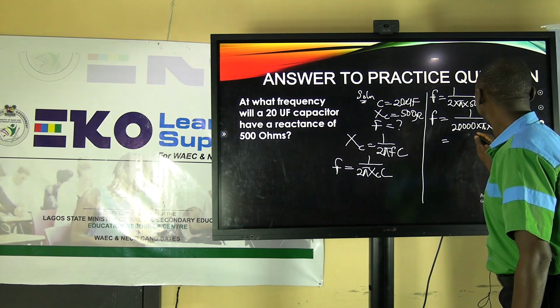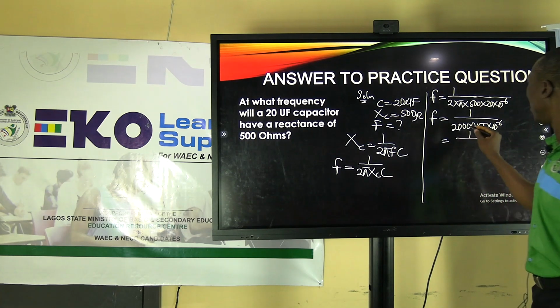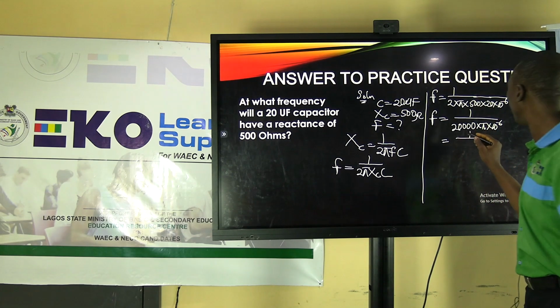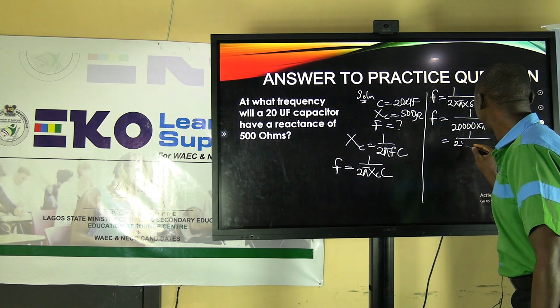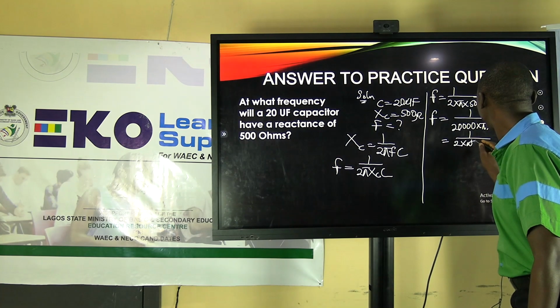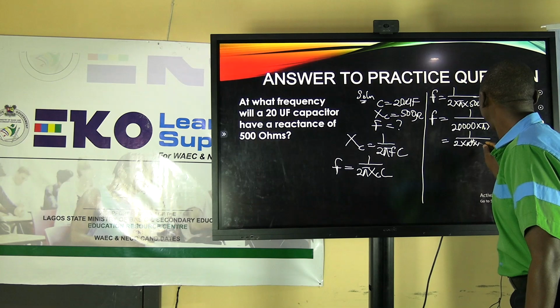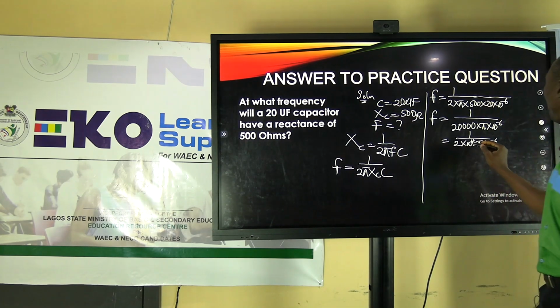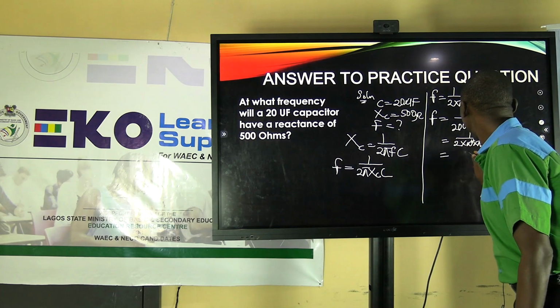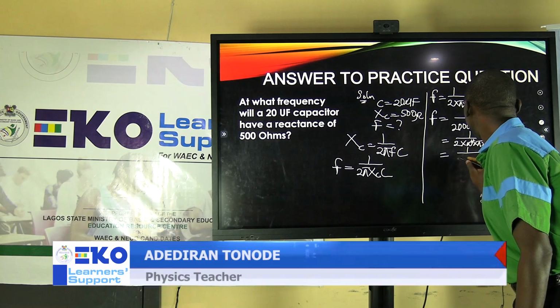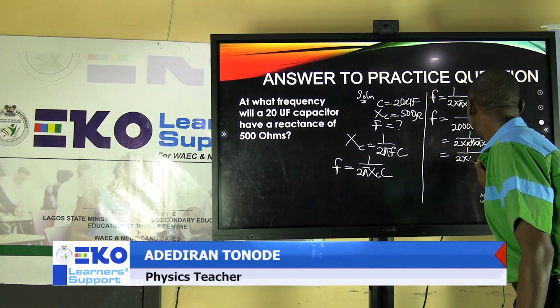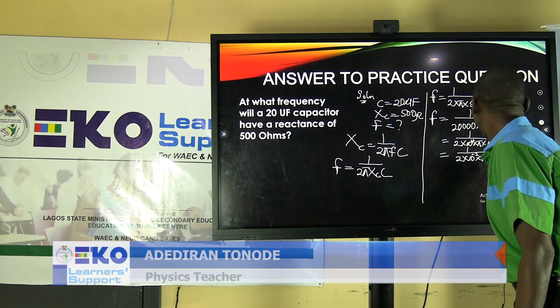So I have 1 over, I'll convert this so that it can be easily done for me. It's the same thing as 2 times 10 raised to the power 4 times pi times 10 raised to the power minus 6. 10 raised to the power 4 times 10 raised to the power minus 6 will give me 10 raised to the power minus 2. That means I have 1 over 2 times 10 raised to the power minus 2 times pi.